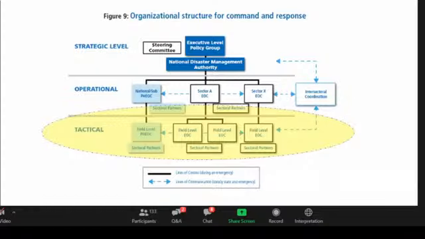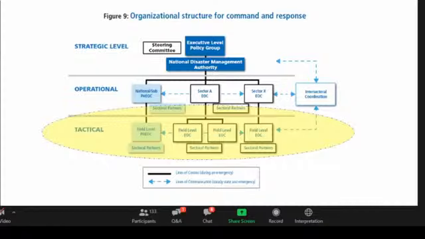In this chart, we see the tactical level, and as we discussed for the strategic and operational levels, this level may also combine with the operational level based on your context.